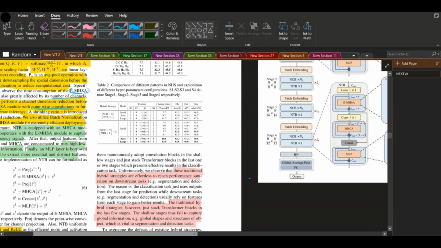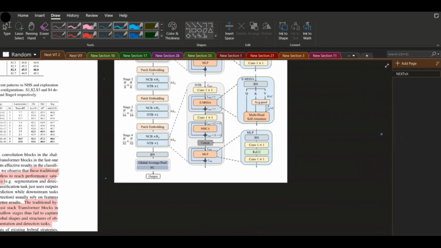So I think I might be confusing you here. I think it will be better if you see it from a visual point of view. What I'm saying is that the input feature map, we use this pointwise convolution to reduce the number of channels before it goes into the multi-head self-attention.